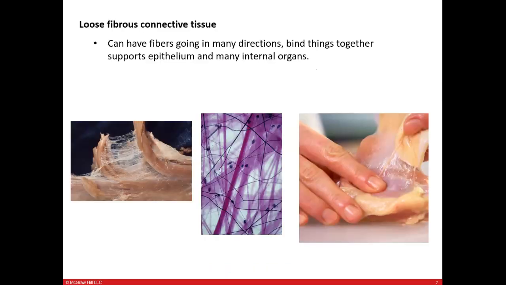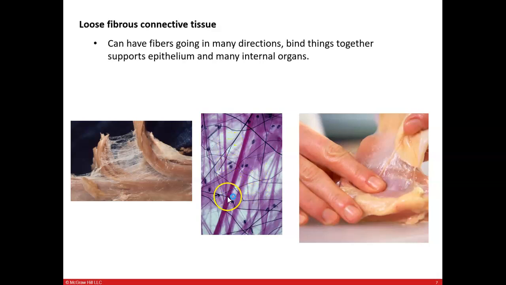So let's start talking about that loose fibrous connective tissue. And it says it can have fibers going many directions. It's going to bind things together. It supports the epithelium and many internal organs. Let's look at that microscopic image of what these tissues are.